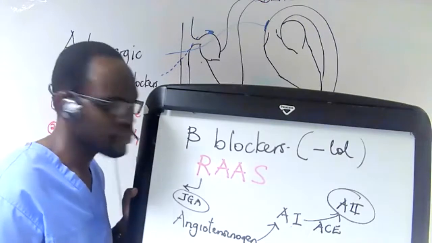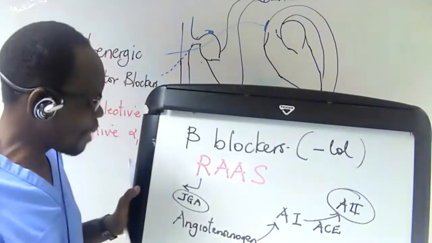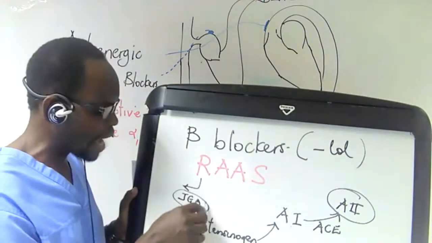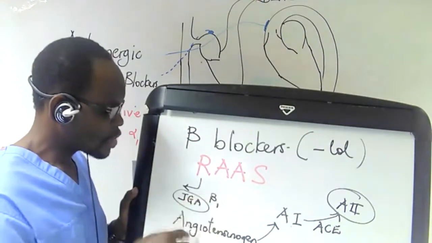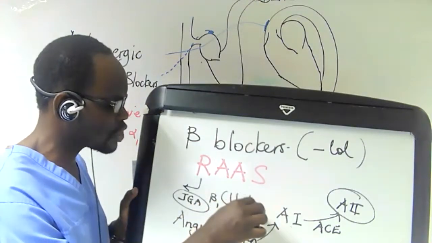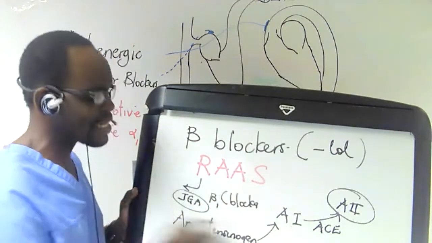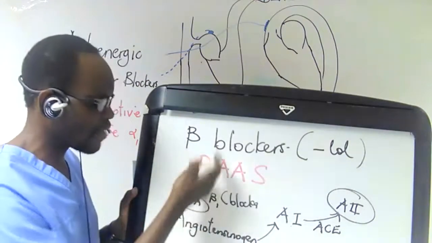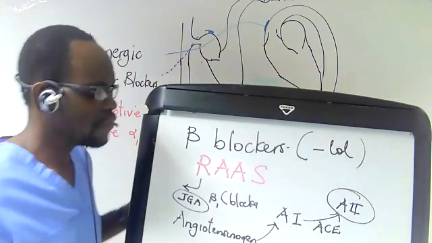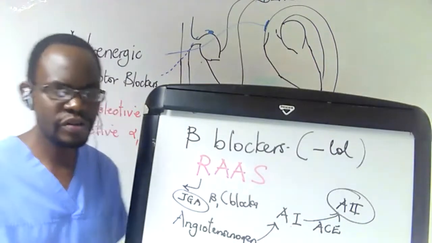Now, remember we said we also have beta 1 on the juxtaglomerular apparatus. So once we have blockade, we shall not have renin being released, and therefore no eventual production of angiotensin 2.